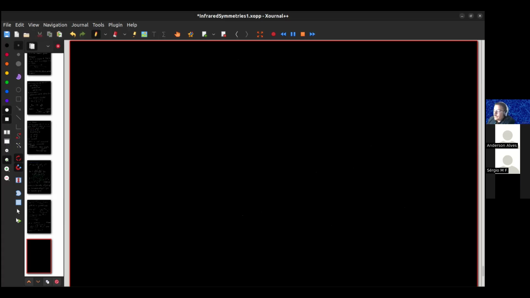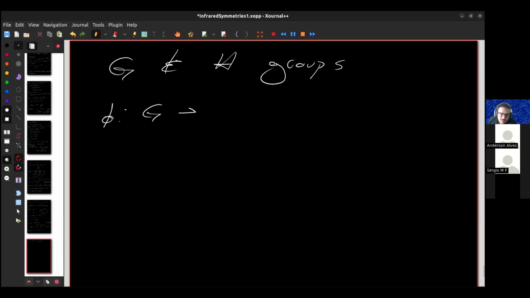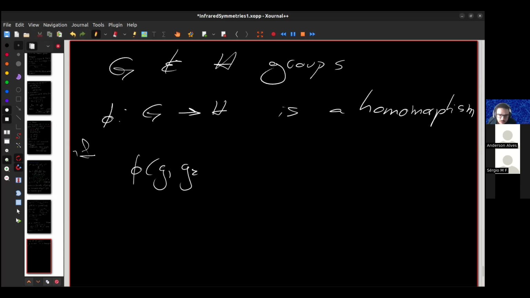The way we do this is by using a concept known as a homomorphism, which is the group theory version of a linear transformation. So if we have G and H groups, I'm now assuming that the products are understood instead of writing them explicitly every time. I'm going to say that a function phi from G to H is a homomorphism if it holds that phi of g1 g2 equals phi of g1 times phi of g2.